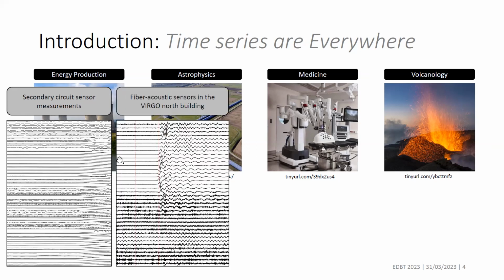This is the same with fiber acoustic sensors in the Virgo interferometer, which try to detect noise. One interesting thing is that to detect gravitational waves, you need a very quiet environment, so you need to detect every kind of noise. Here again, this is a time series trying to detect things that can happen in the building. 400 dimensions, again over a long time period.